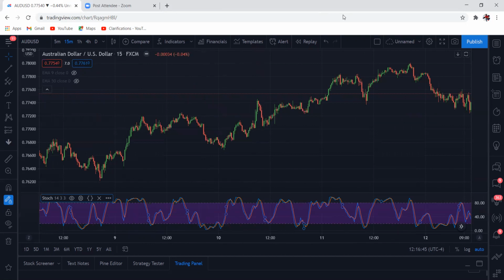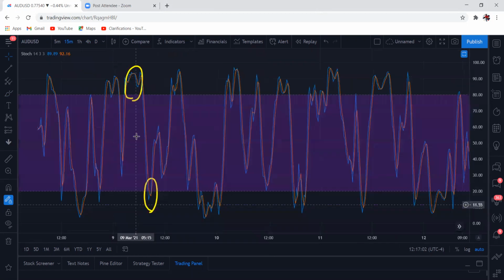For those who don't understand how this works, the indicator works based off of overbought and oversold price. When price is overbought, you're looking to sell, and when price is oversold, you're looking to buy.